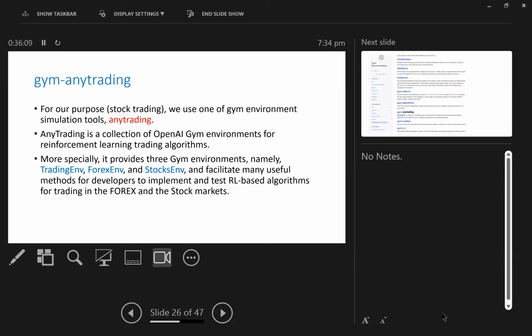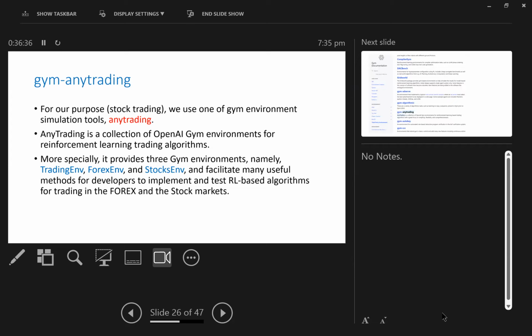Intentionally, this library will provide environments for every possible kind of trading. In particular, you can find three environment providers called the trading environment, foreign exchange environment, and stock environment. So this is the environment that you can find very easily.